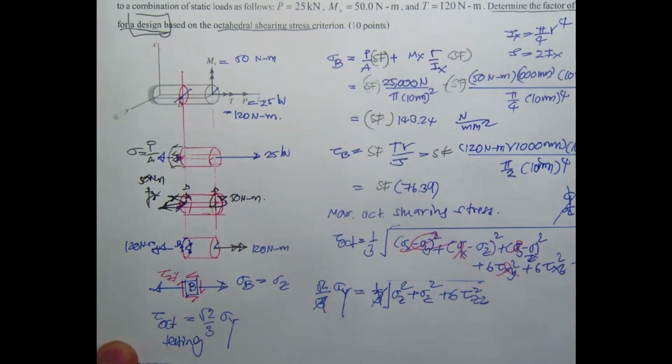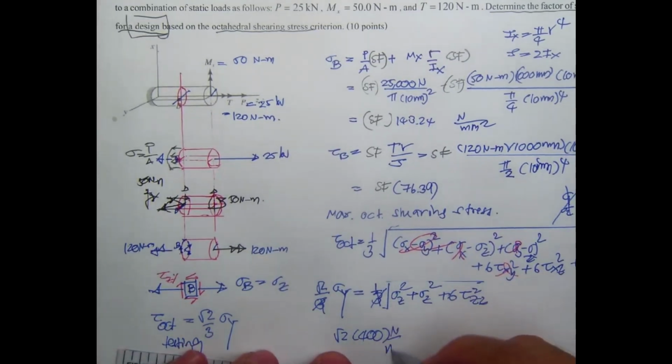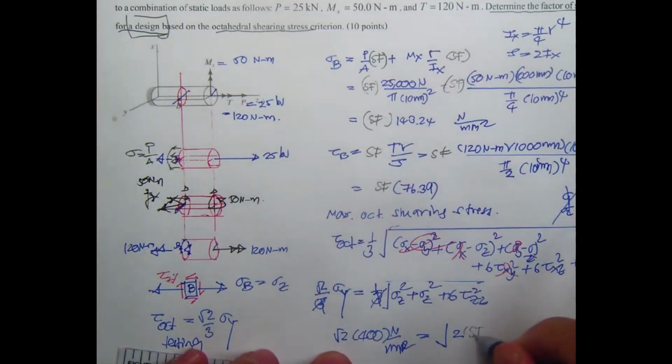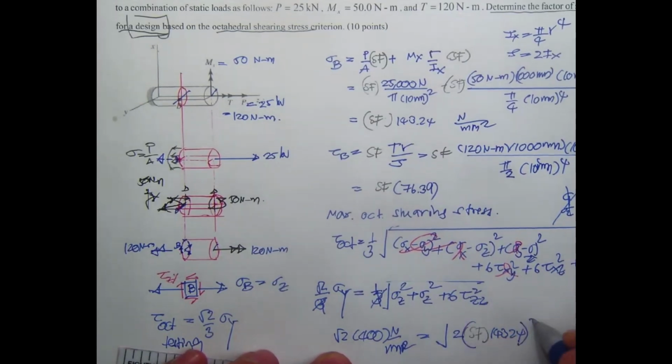So we put the yielding over here: square root 2 times 400 Newton per square millimeter equals square root 2 times SF times 143.24, all of this squared, plus 6 times tau sub XC, SF times 76.39, squared.